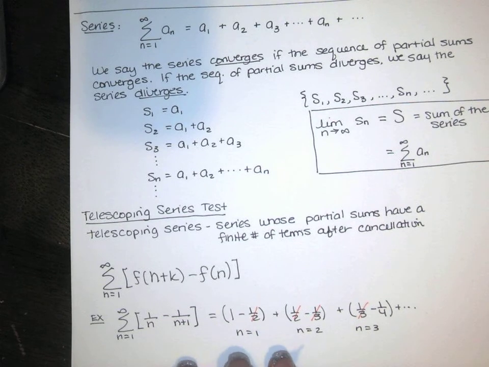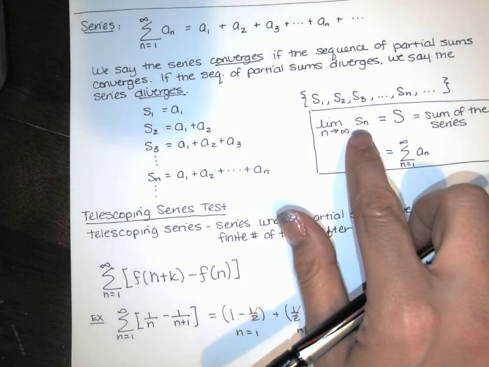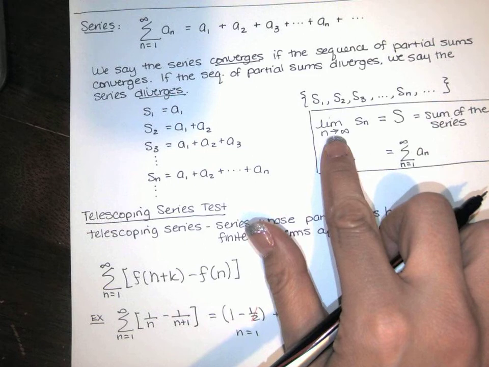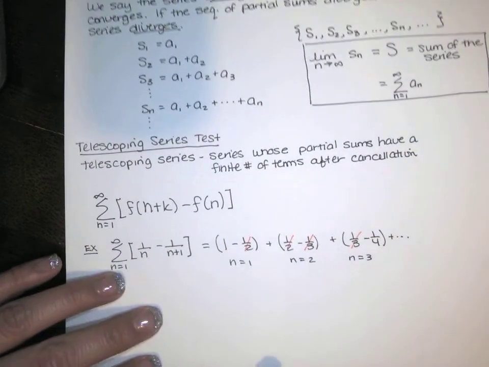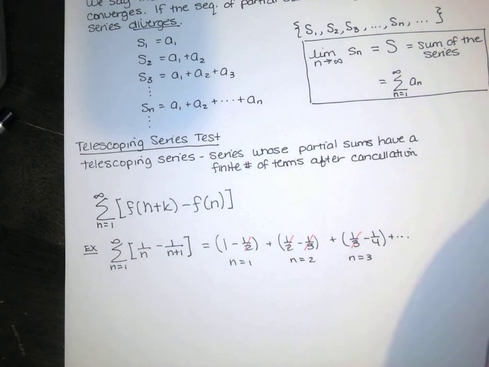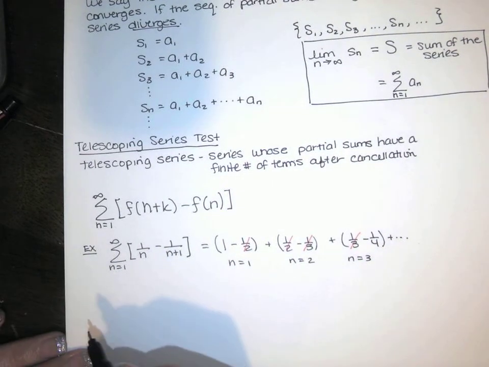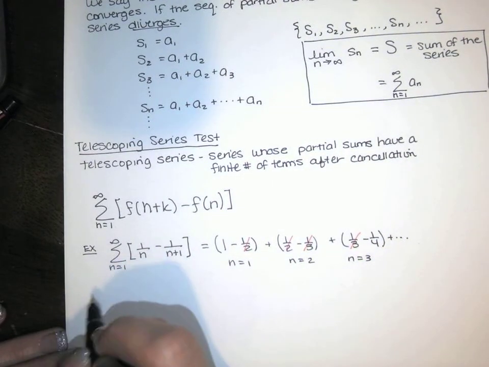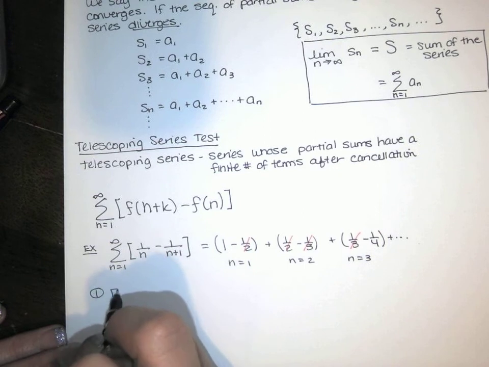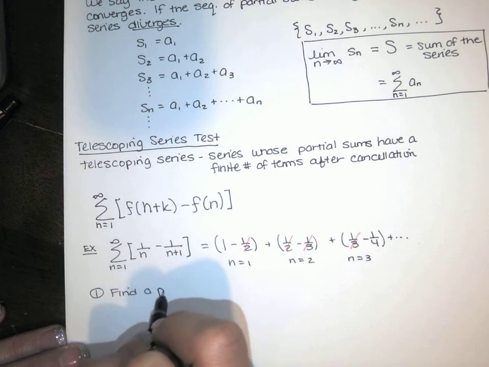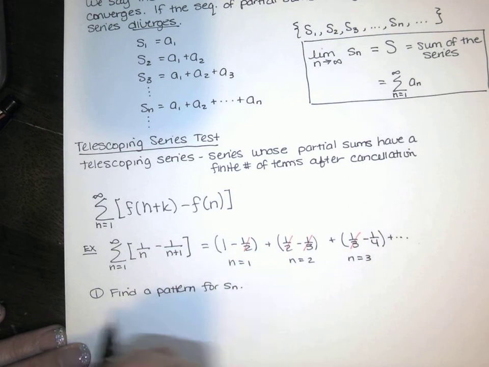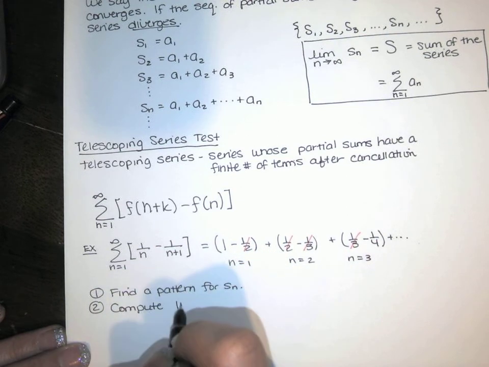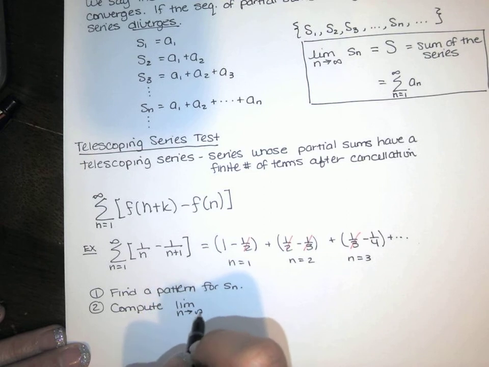But in order to prove that, we find s sub n, and we take its limit as n goes to infinity. If that limit is finite, we call that the sum of the series. So that's the telescoping series test. So we find a pattern for s sub n, compute the limit as n goes to infinity of s sub n.